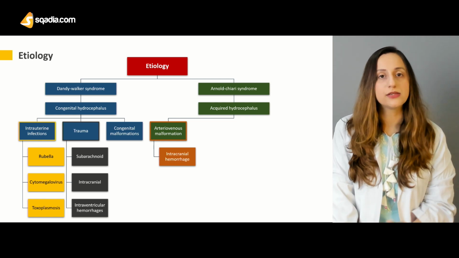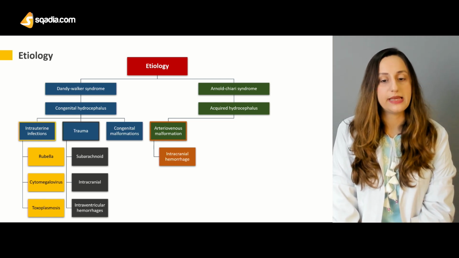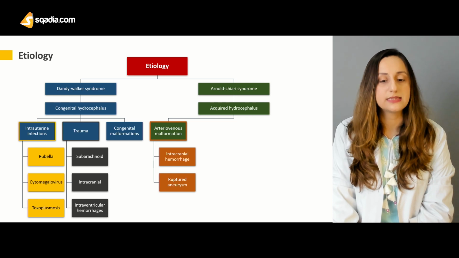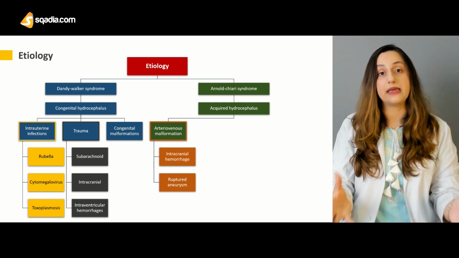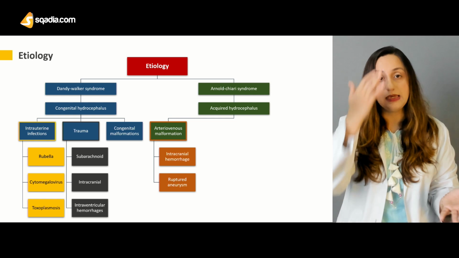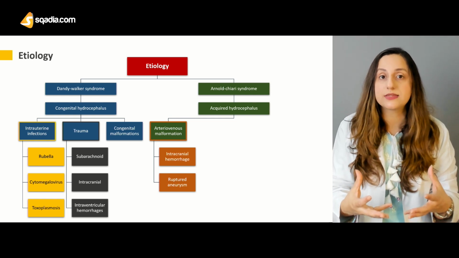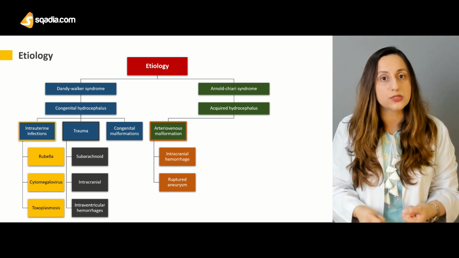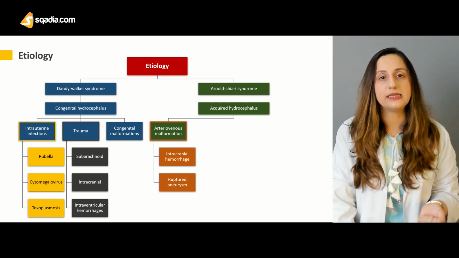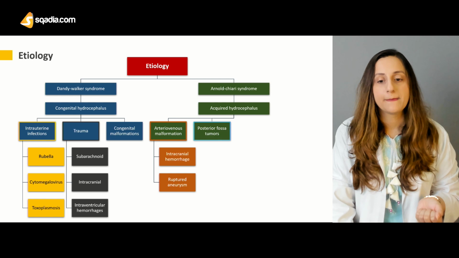And that is again going to give rise to the intracranial hemorrhages that are taking place. A ruptured aneurysm can again cause hemorrhages in the cerebral hemispheres, as well as in the ventricles, or obviously in the subarachnoid spaces.